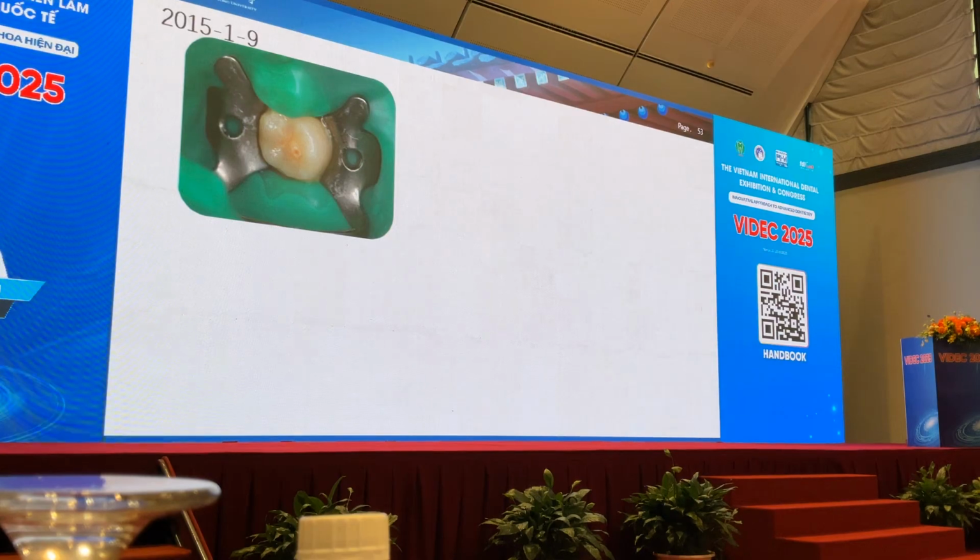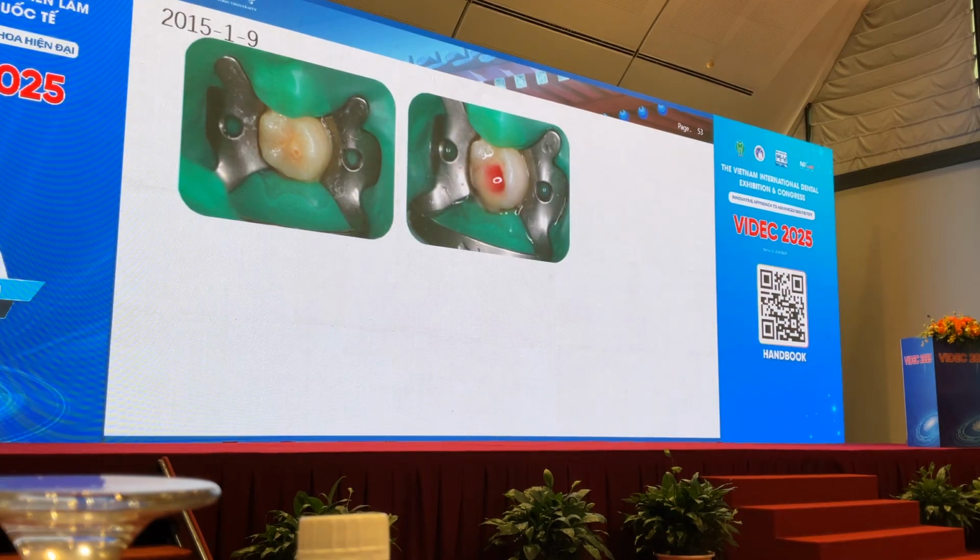So, this case is in 2015, almost 10 years, more than 10 years, right? We just isolate and also use local anesthetic and the chamber exposed. We also see pulp bleeding.